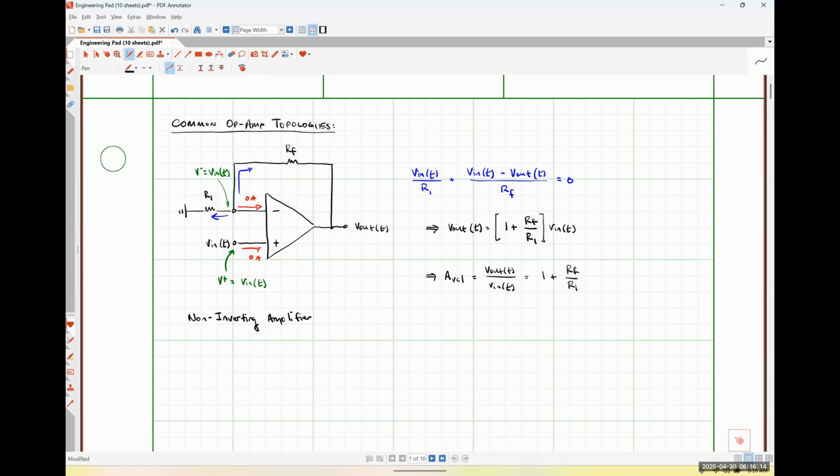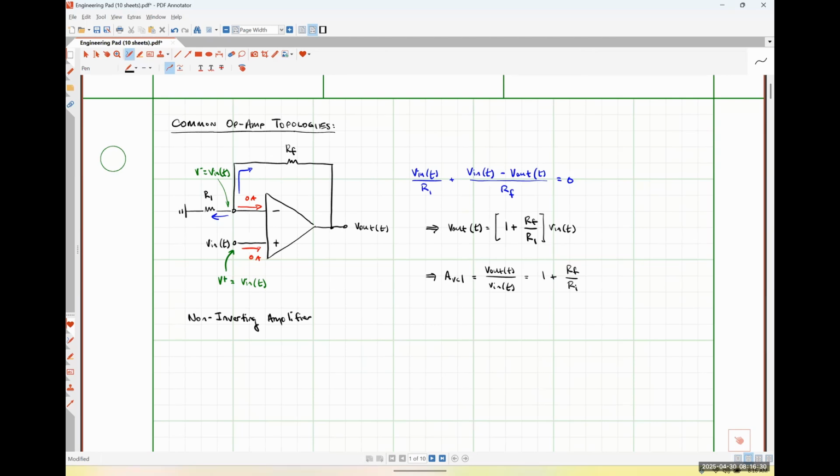So a unity gain buffer is a very common application of this particular topology, and it's actually a fundamental building block of what's called the instrumentation amplifier that is used in a lot of process and control systems.